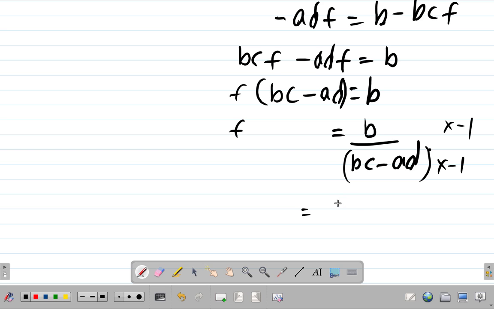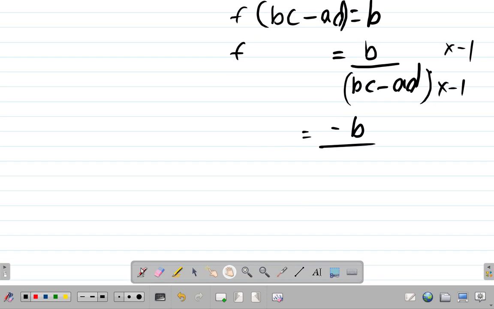So we'd have negative B divided by, when we multiply negative 1 by negative AD, we get a positive AD. Then we multiply negative 1 by positive BC, we get a negative BC. So guess what? Look at it. Whoa. Really nice. It is negative B divided by AD minus BC.